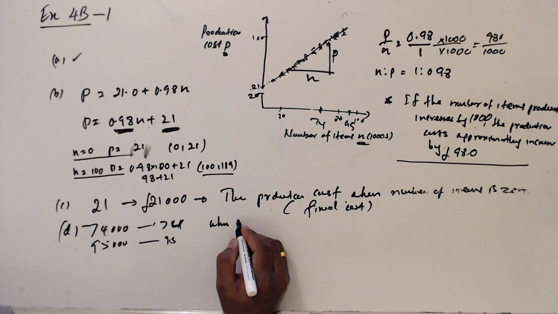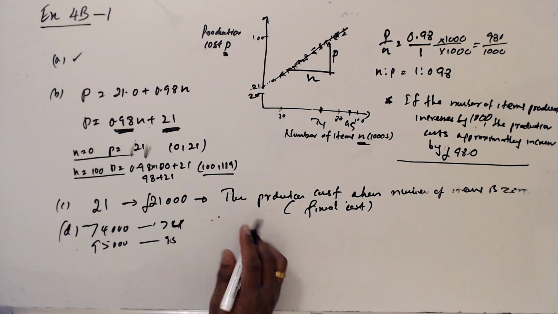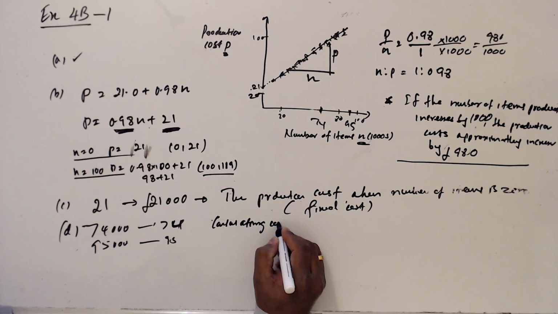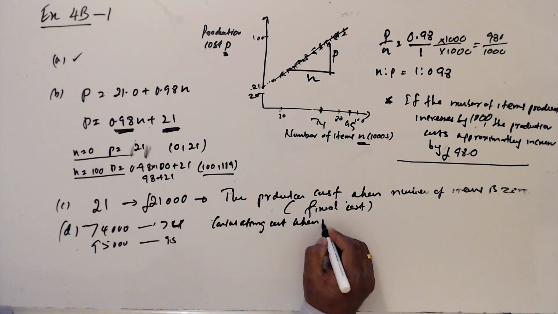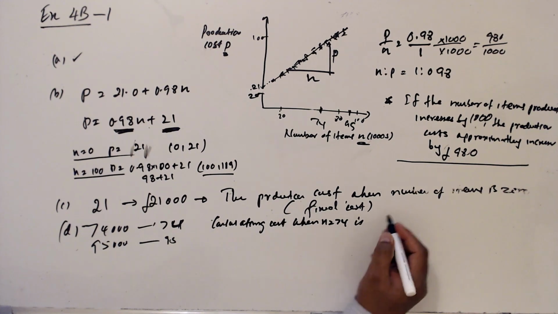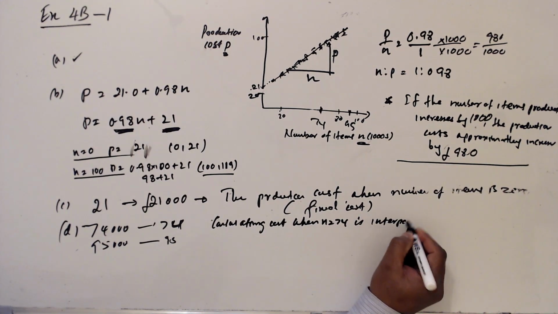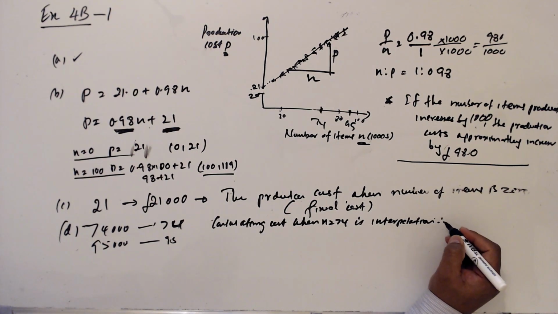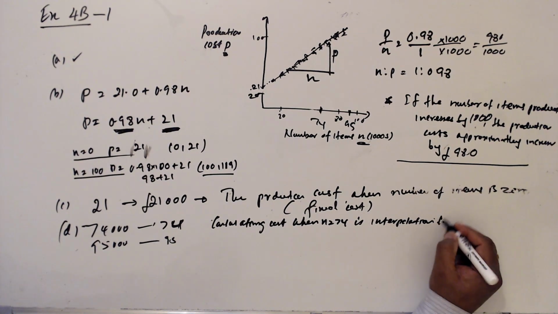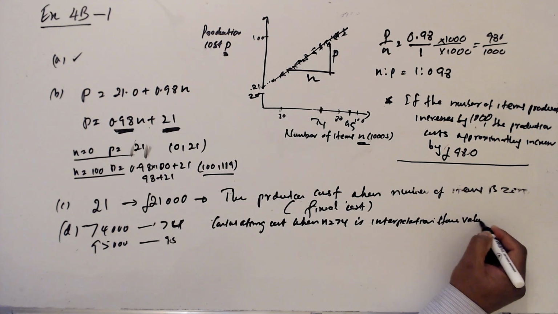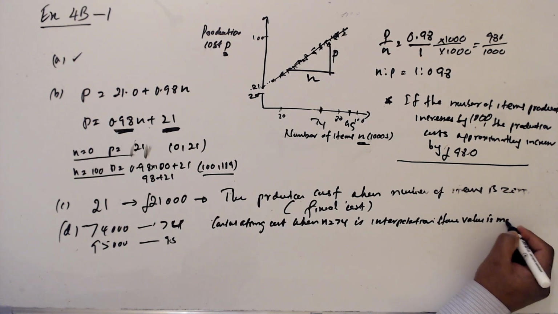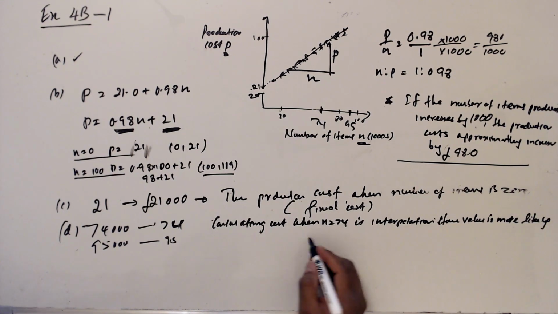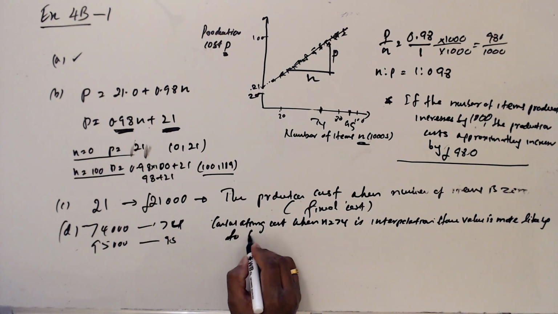Calculating the cost when N equals 74 is an interpolation. Hence the value is more likely to be reliable.